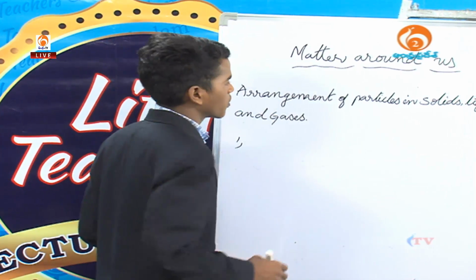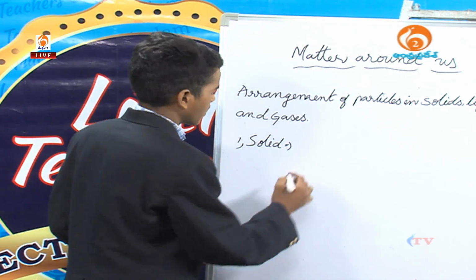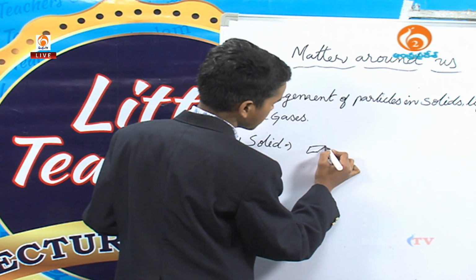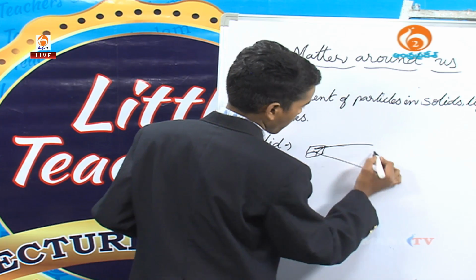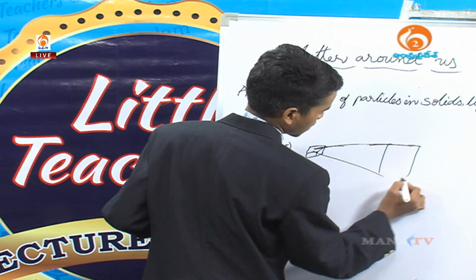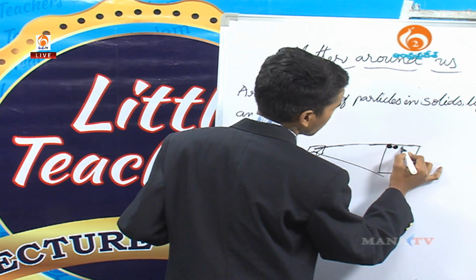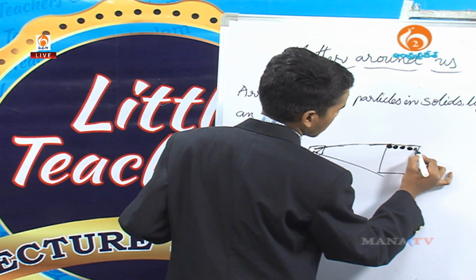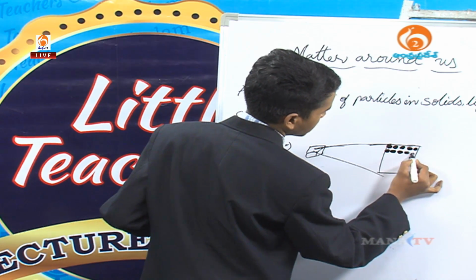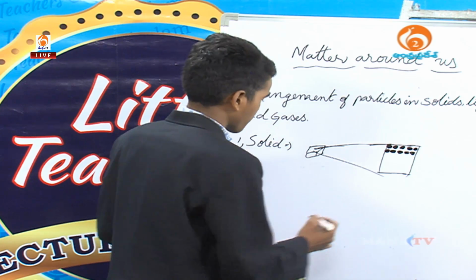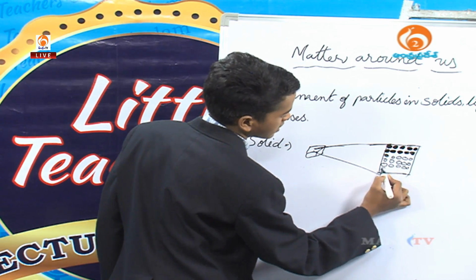First one, we must discuss solids. Imagine this is wood. In this wood, particles are like this. See here, particles are tightly and closely packed.